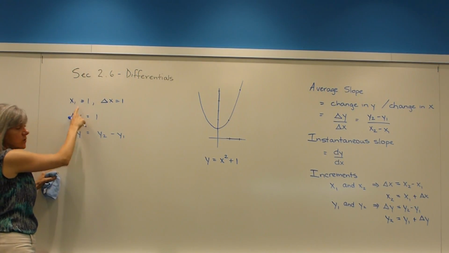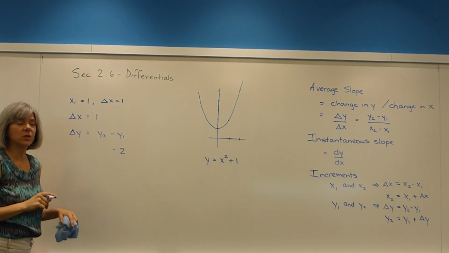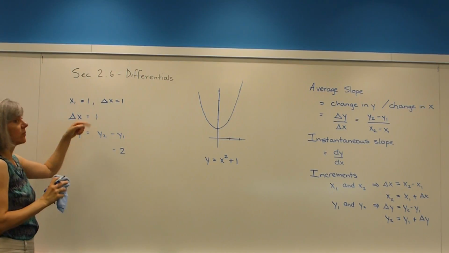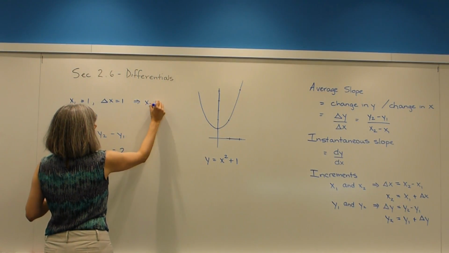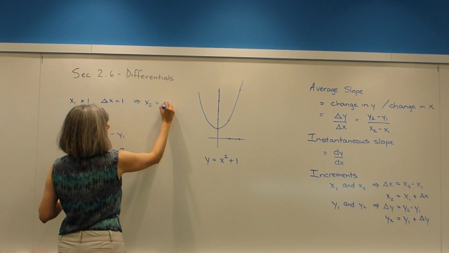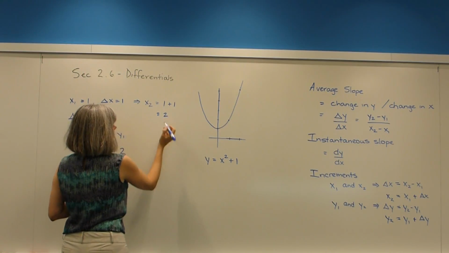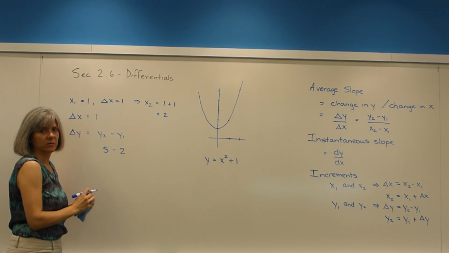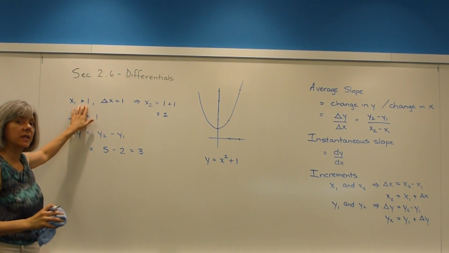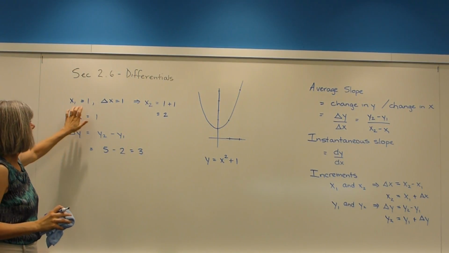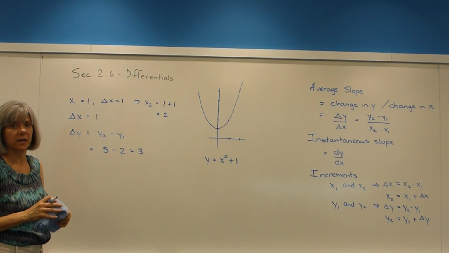Well, I have x1, so I know y1, so I know this one is 2, but I don't have y2 because I don't have x2. But can I get x2? Absolutely. We know that x2 is just the starting point 1 plus the change that occurred, another 1, 2. So really this is the exact same problem as the one we just did. It's just a different setup. So you can either be given x1 and x2, or x1 and the change in x, which then you can add to find your second x point.